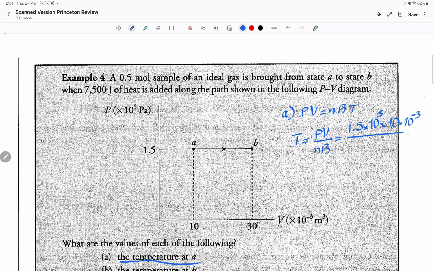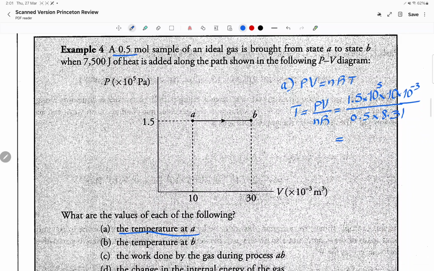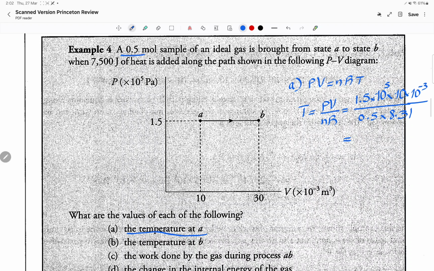That's 10 times 10 to the negative 3. n is the mole, 0.6, times 8.31. How much do you get? So you got 300.84 Kelvin. But don't forget, there is a mistake in the question.